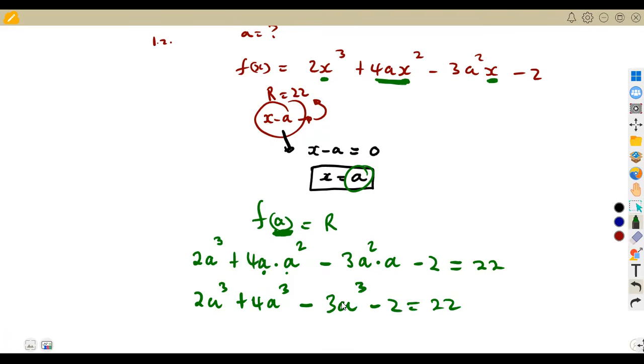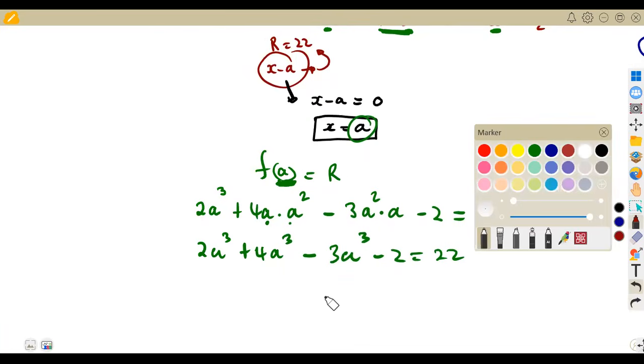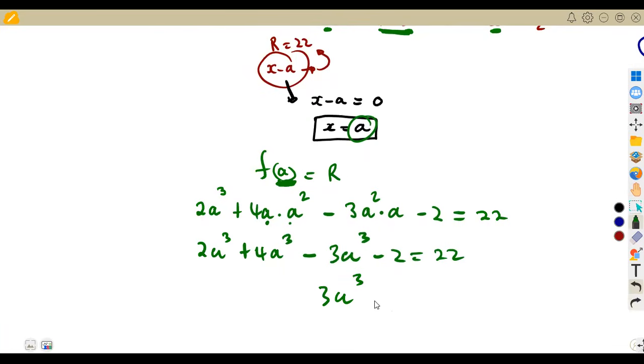As you can see, these are like terms, having the same base, so you add the numbers: 2 plus 4 is 6, then 6 minus 3 is 3. So you're going to have 3a to the exponent of 3 minus 2 is equal to 22.